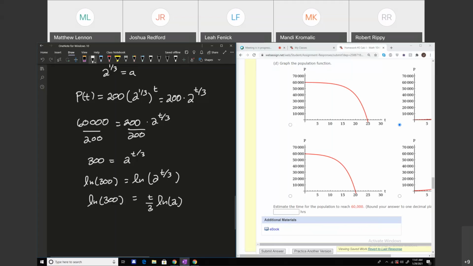I mean, you can do approximations here if you want. So something like 5.7038 equals t over 3 times 0.6931.